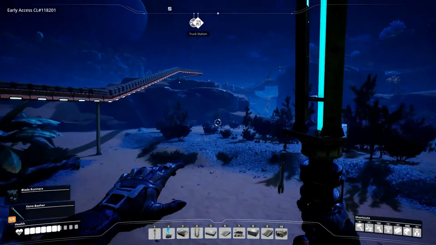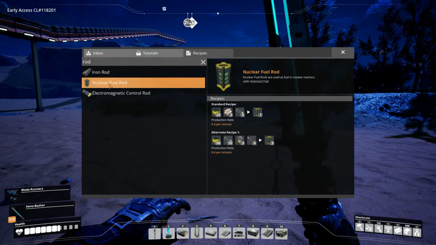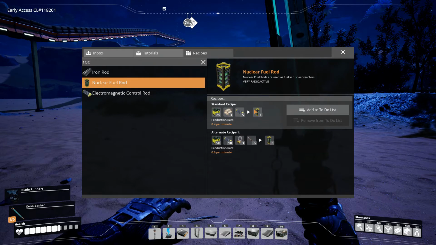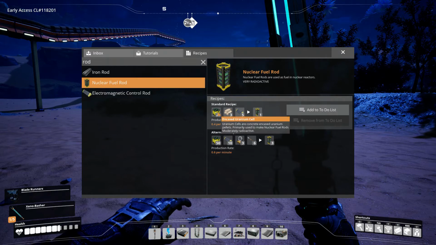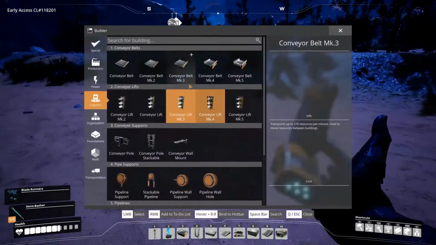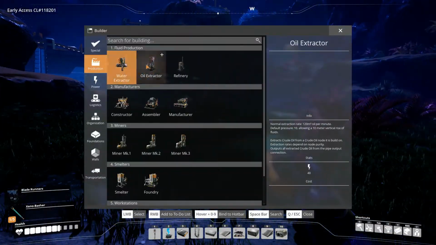So that's the encased industrial beams for this recipe. I'll show you the electromagnetic units, and this has a recipe, but it's not showing up in this tool, so you have to use the manufacturer. Check it out.